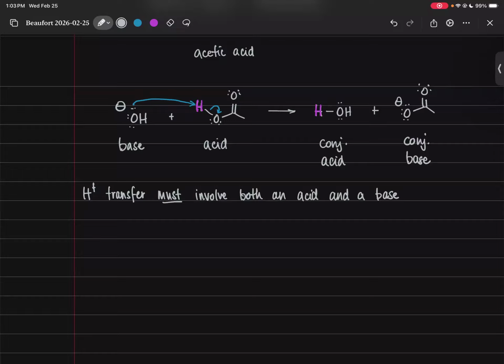So there's always an acid and a base going on. You should be able to identify them, but don't say, oh, I just have a base in this reaction where there's a proton transfer. No, the other thing is an acid. You just need to see that the acid is donating the proton, even if it doesn't have acid in the name. This one's easy because it has acid in the name. And hydroxide, I think we all know that's a base, but there are other bases that don't look as basey.